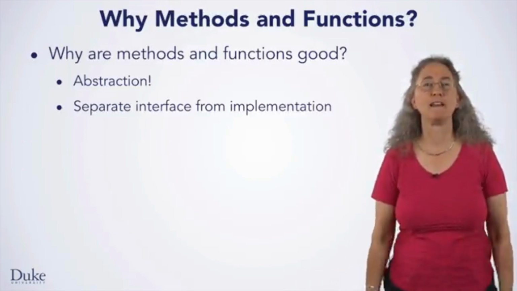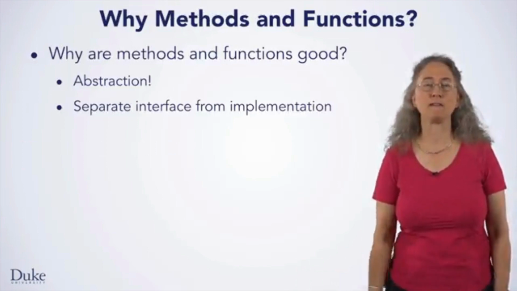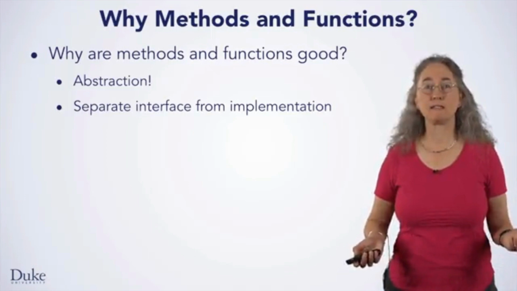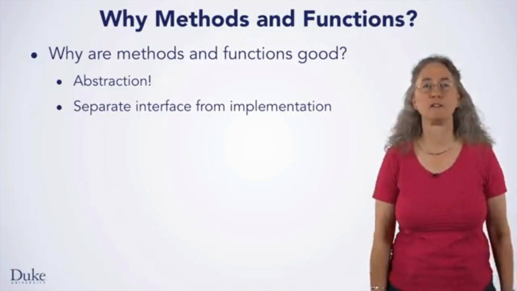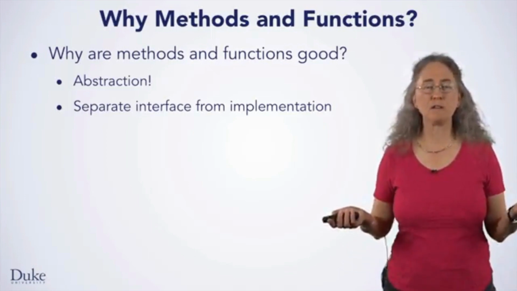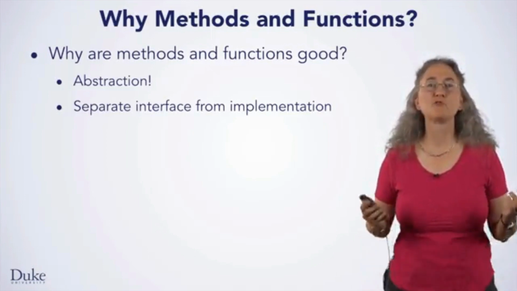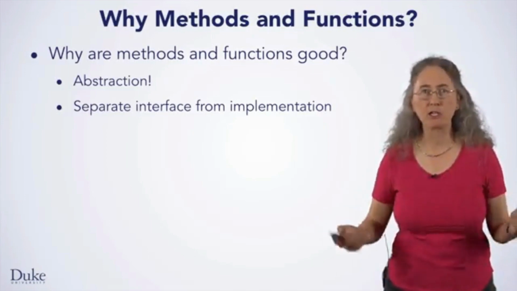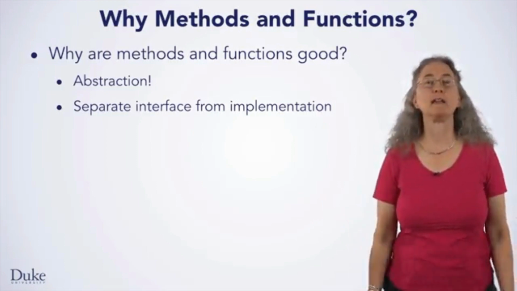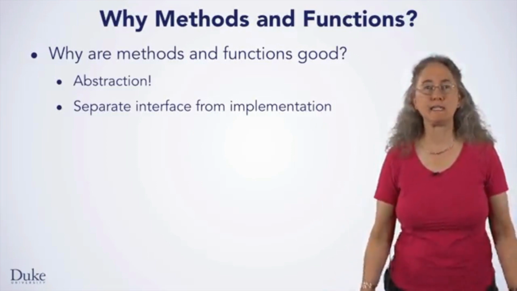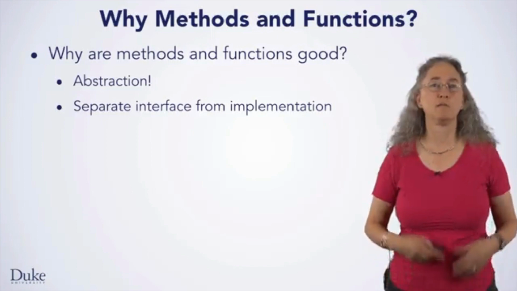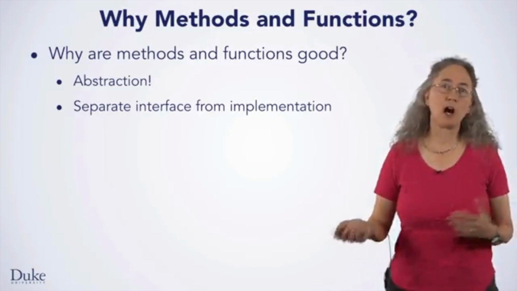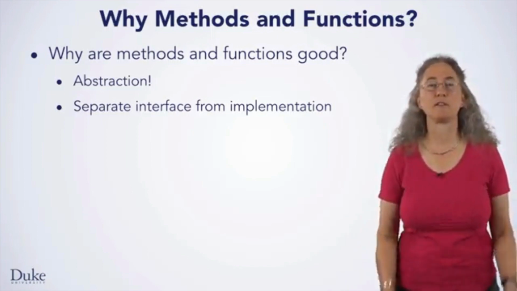Okay, great. Now you know how to call methods and functions, as well as the basics of how to write your own function. But why are these so important? Well, they are a great example of abstraction. They package up a computation which may be quite complicated, or which may require knowing details that you should not need to be concerned with, and give that computation a simple interface.